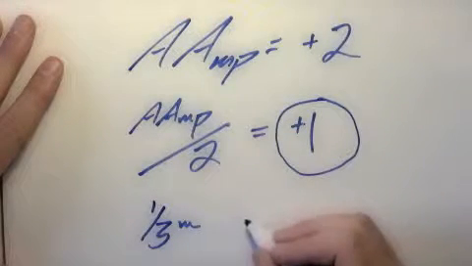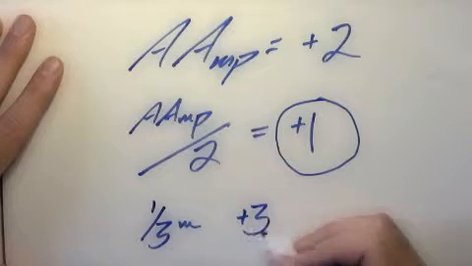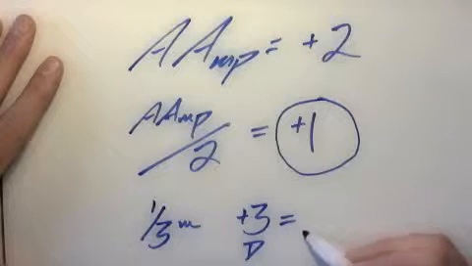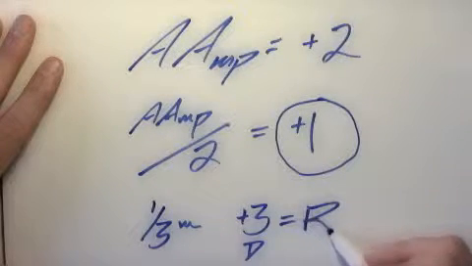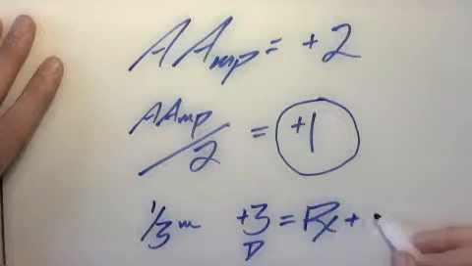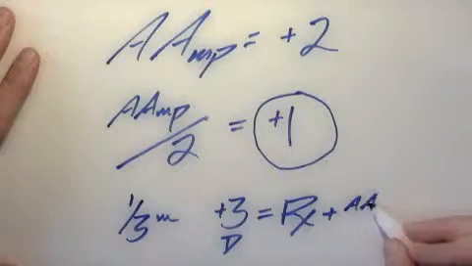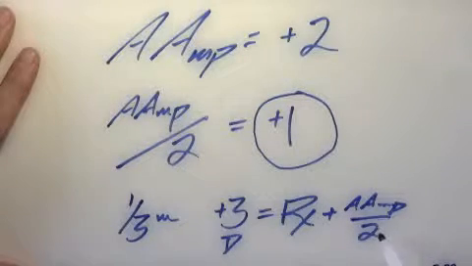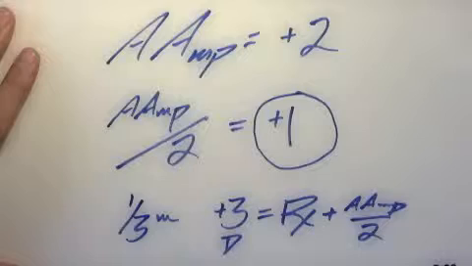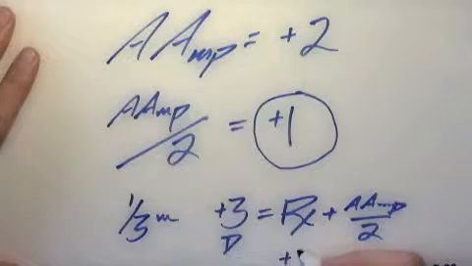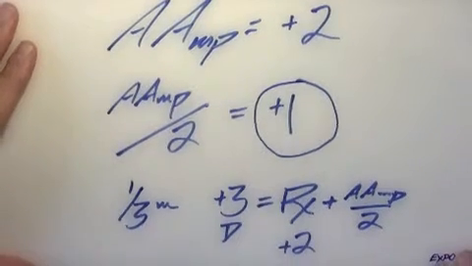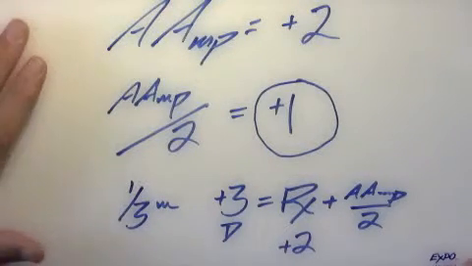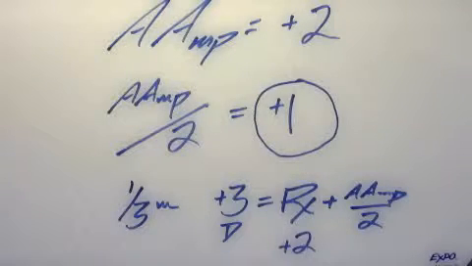So we need to have plus 3 for our total dioptric power, and that is going to be his reading spectacles plus his accommodative amplitude over 2. So we're saying with this guy, the accommodative amplitude over 2 is equal to plus 1. Therefore, the reading spectacles that we're going to prescribe are plus 2, because these are spectacles that will still allow him to use 1/2 of his accommodative amplitude, which he can do comfortably.